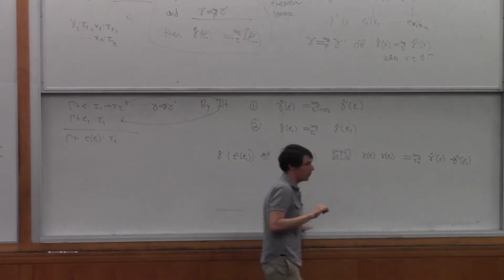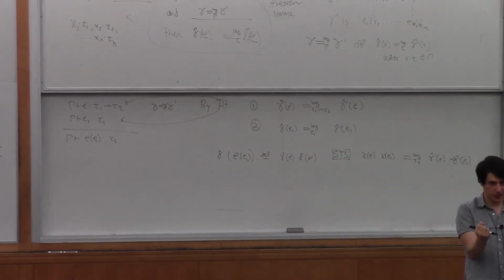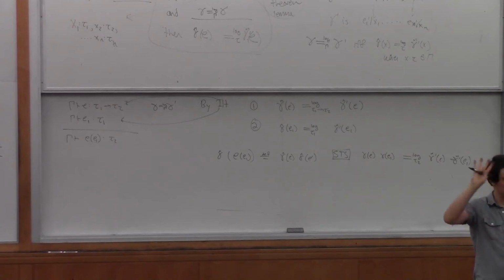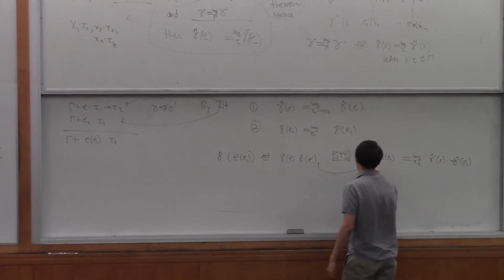Because by definition, what I want to show is that the function application itself acts as a congruence. The definition of substitution into a function application is to find all the things in the function position and in the argument position. Therefore, I get this.